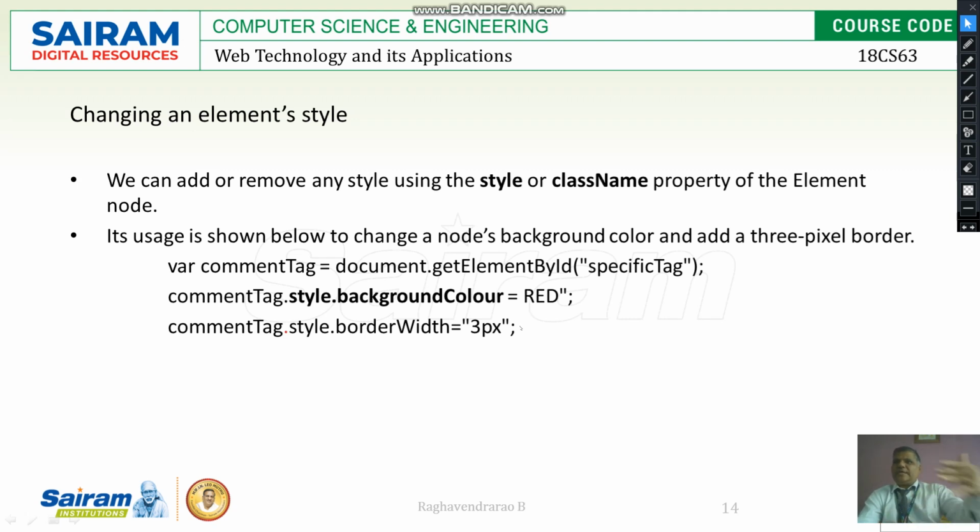You can specify for that particular element, for example a text box, that its color is going to be red. Its border width and all these things you can also specify.